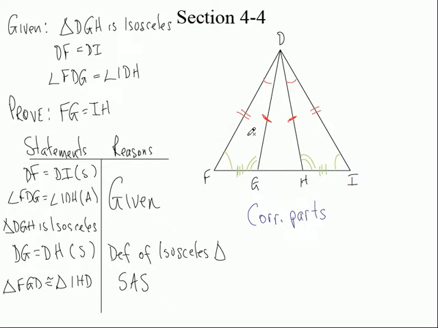They're corresponding parts of congruent triangles. Now, what must be true about angle F and angle I? If they're corresponding parts and you've got congruent triangles, they must be congruent as well.